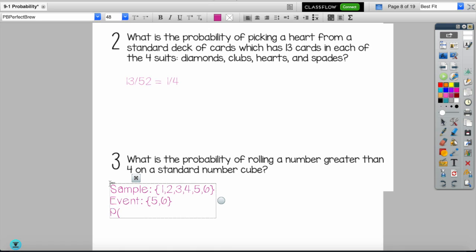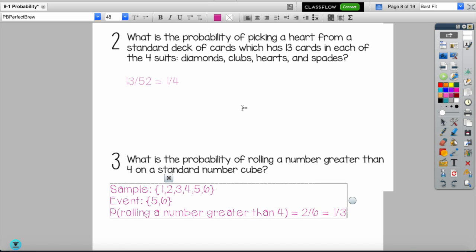So the probability of rolling a number greater than 4, we are not including 4 because it said greater than 4, not 4 and greater. So there are 2 of those numbers that are greater than 4. I have a total possible 6 sides that we can get. So that does indeed reduce down to 1/3. And that's how you find probability.